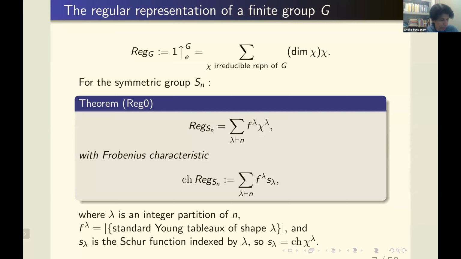It's a sum over partitions lambda of n, f lambda times chi lambda, where f lambda is the number of standard Young tableaux of shape lambda, and the little s lambda here is the Schur function indexed by lambda. So I'm calling this my 0th decomposition.